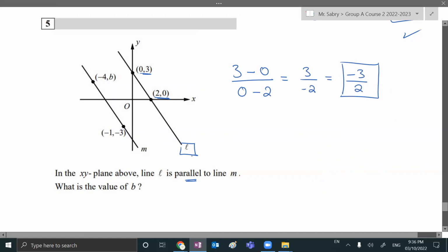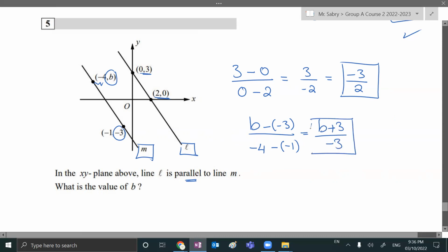of line L. Now line M, if I want to calculate its slope, I'll do the same procedure. y2 minus y1, so b minus negative 3 over x2, which is the negative 4, minus x1, which is negative 1. Let's simplify this a bit. b minus minus 3 will become b plus 3, and negative 4 minus negative 1 will become negative 4 plus 1, which is negative 3.